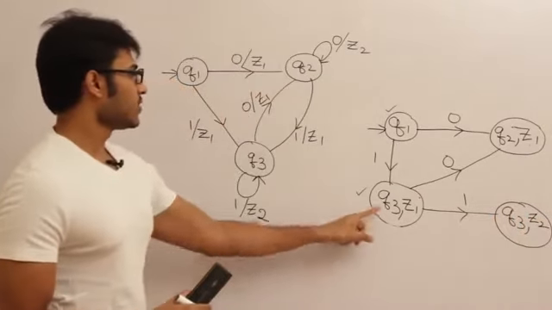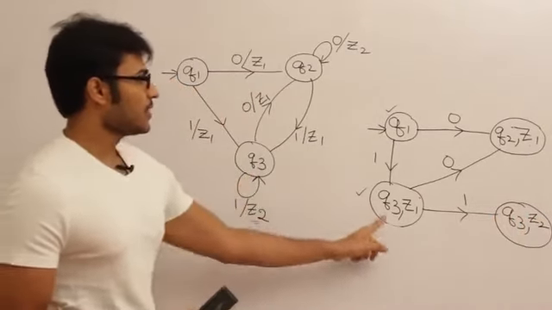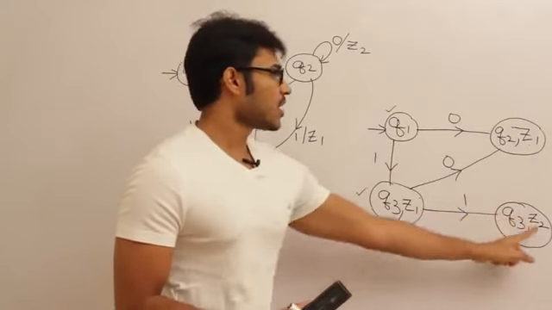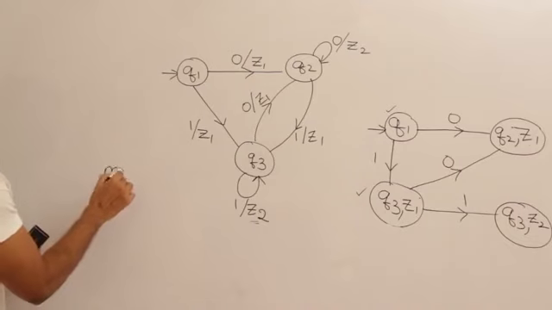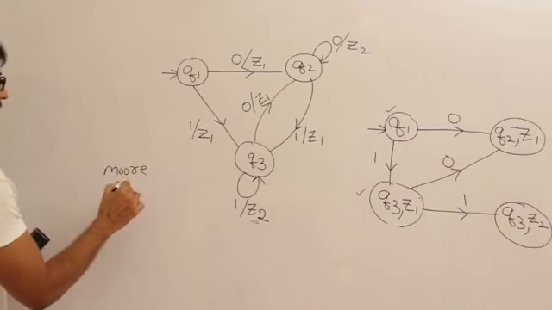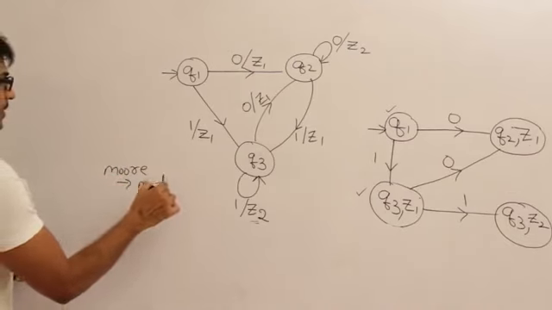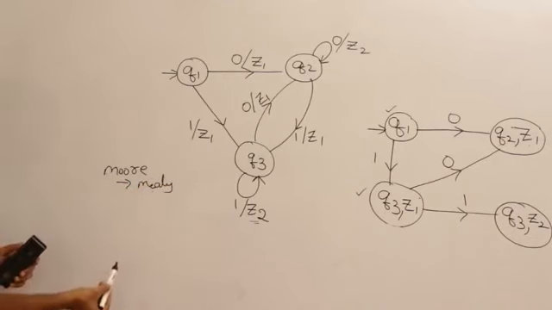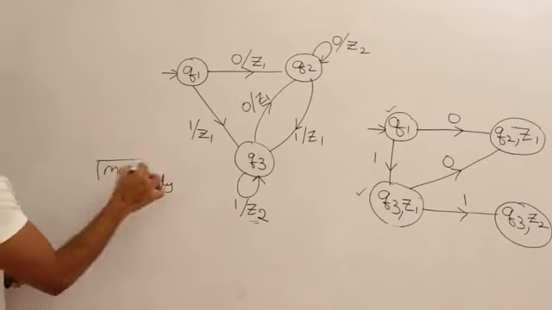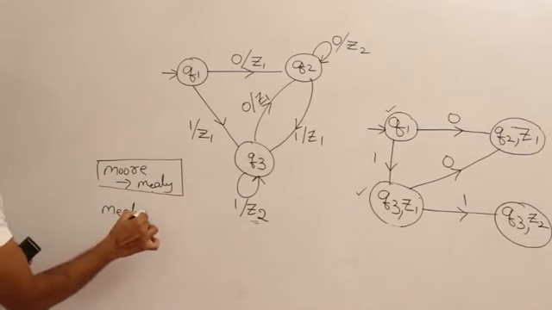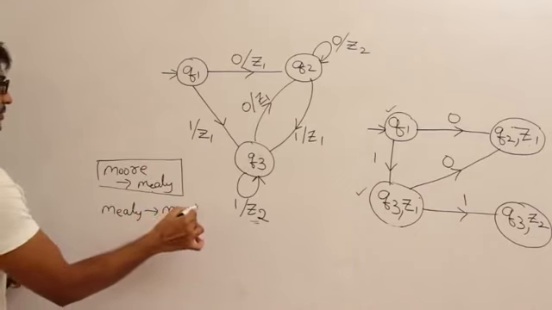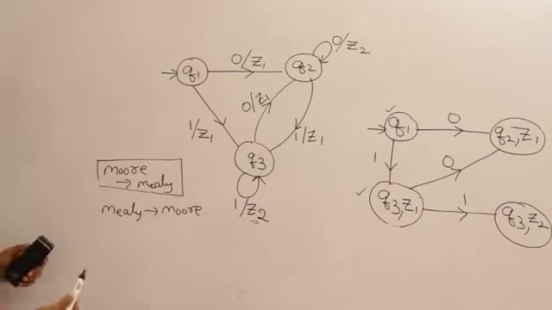So even though there was only one state before, I have added one more state for each possible output. In the conversion of Moore machine to Mealy machine, the number of states was the same. But when converting a Mealy machine to a Moore machine, the number of states may increase.